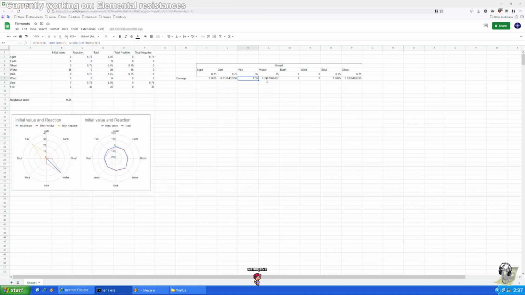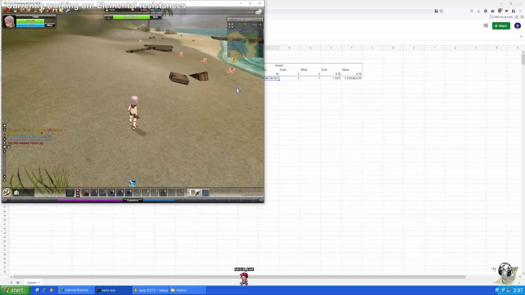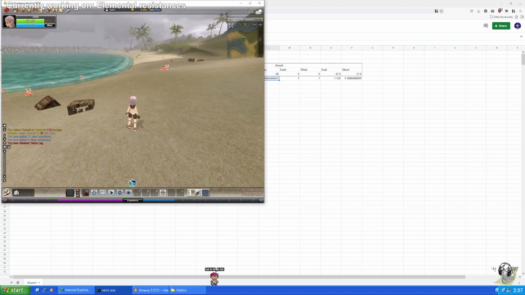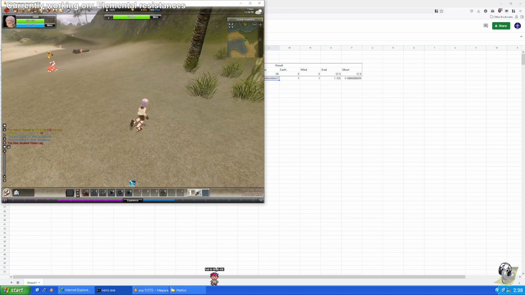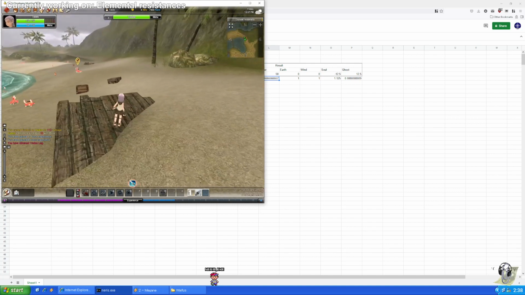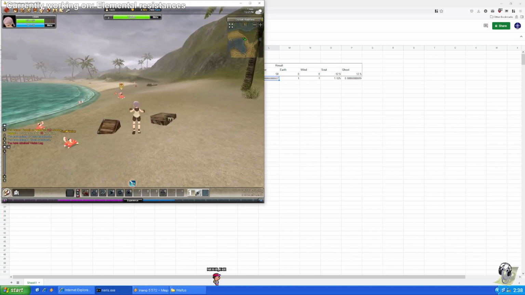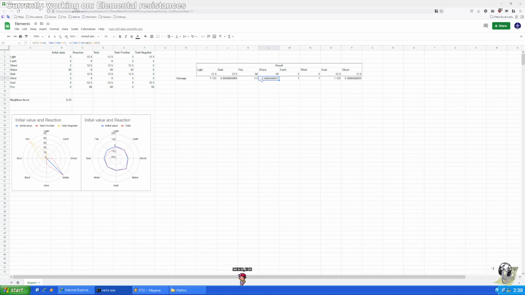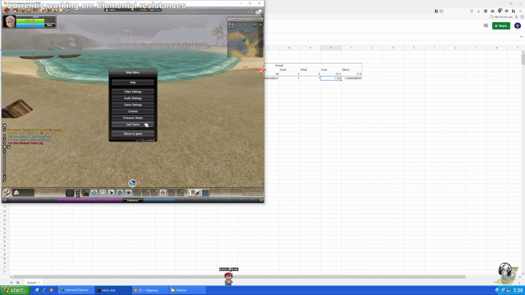Okay, and about the water, it's going to be 74% here and 66 here. Okay, actually looks good, I think. Let's test how it feels.